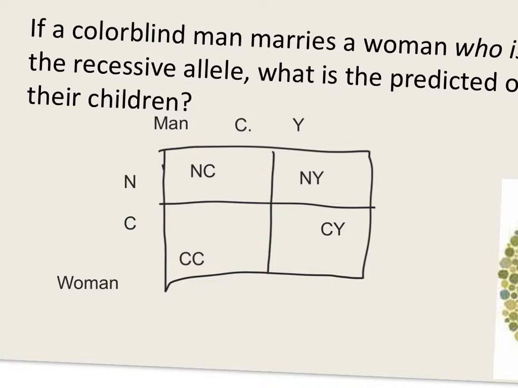So we'll have a normal male, a male with color blindness, a normal female carrier, and then a female that's colorblind, which never is going to happen. So we can actually cross this out. Okay?